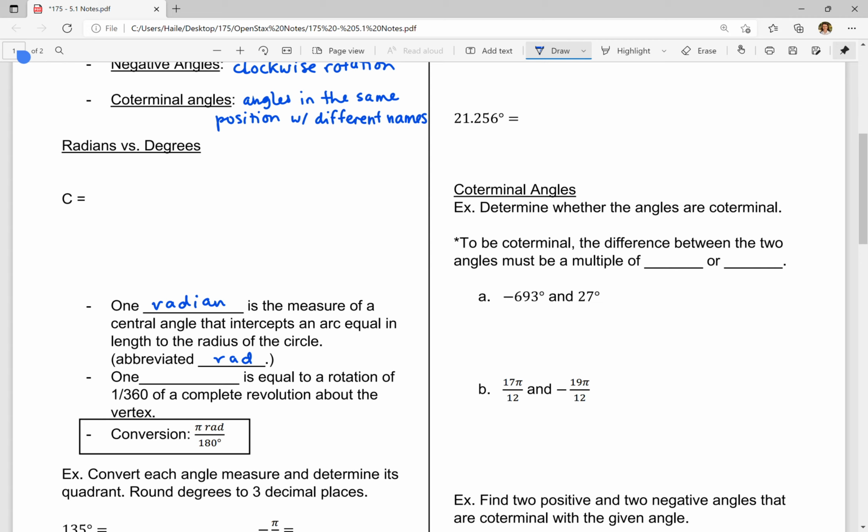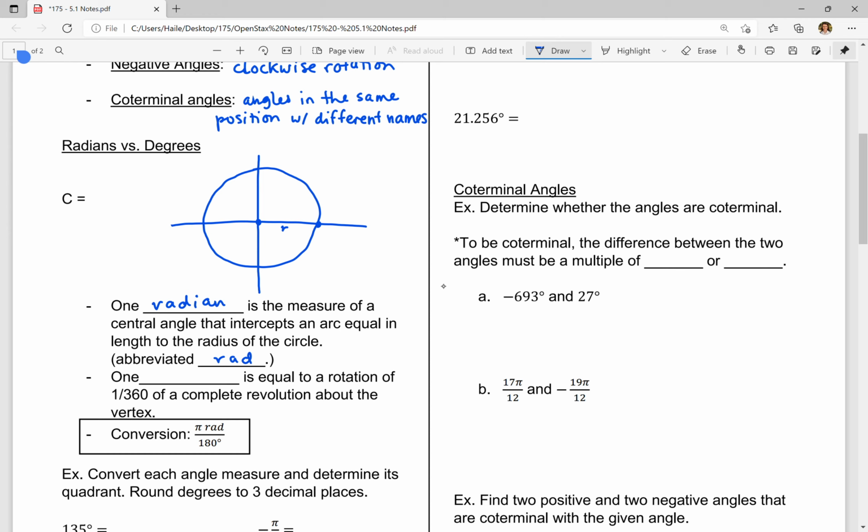So let's think about what this looks like. If we actually draw a coordinate plane, so we draw all 4 quadrants, and then we think about a circle, it might look something like this. Okay, so this is your radius right here. The distance from the middle of the circle out to the end is what we call the radius. So imagine taking that straight line and curving it along the circle.